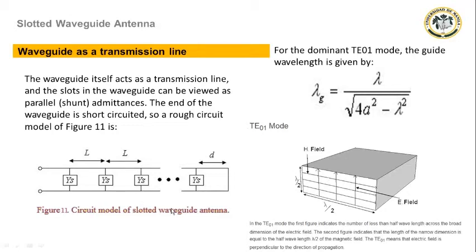The guide wavelength here, lambda sub g, is a function of the width of the waveguide, a, and the free space wavelength. For predominantly one mode, the guide wavelength is given by lambda over the square root of 1 minus (lambda over 2a) squared.